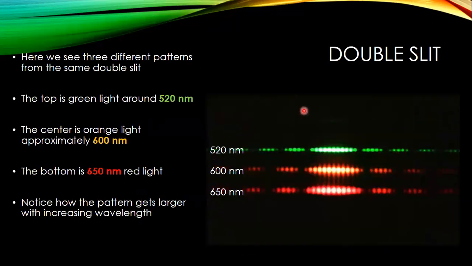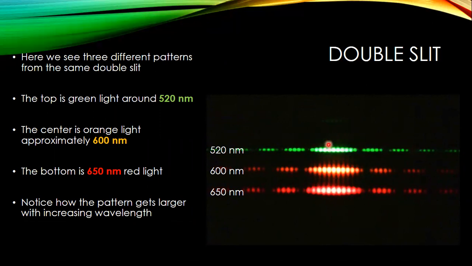Now, here are three different wavelengths which are shown going through the same double slit pattern. You have the larger diffraction pattern for the screen. Here's your central maximum. Here's your first diffraction dark fringe, your second diffraction dark fringe, and so on and so forth.